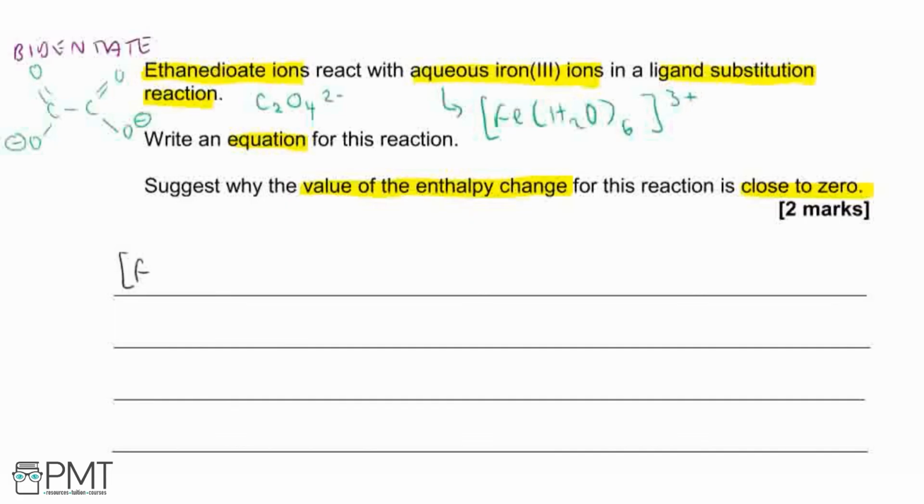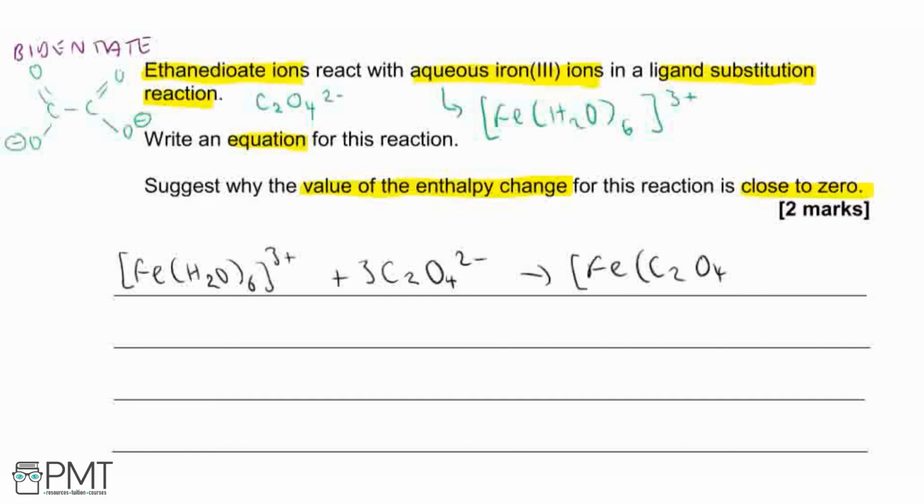Therefore, our reaction equation is going to look like so. So we've got our hexa-aqua iron 3 plus complex. We're reacting it with 3 lots of the ethane dioate ions, and these are going to substitute out the water. We're still forming 6 coordinate bonds, but we have a bidentate ligand, so we only need 3 of the ethane dioate ions.